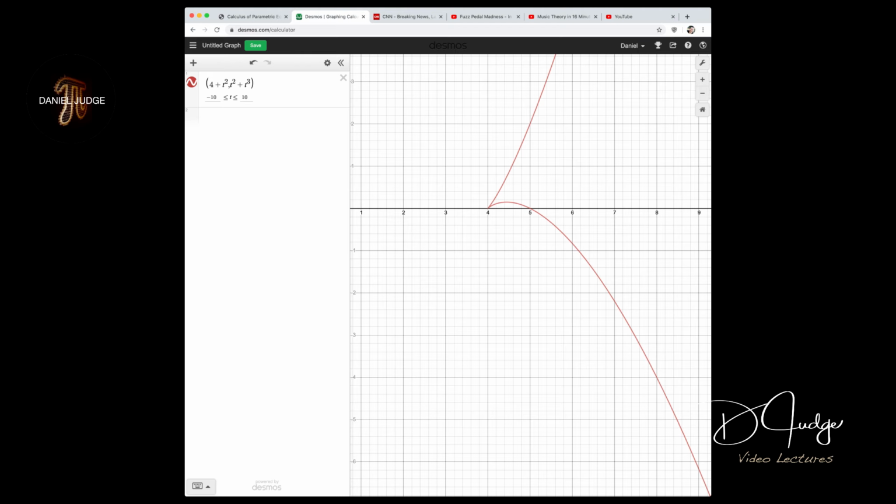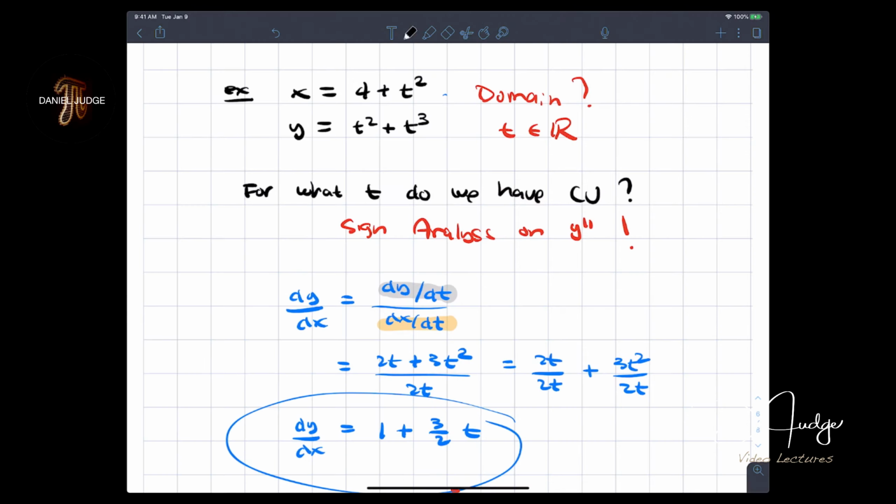Anybody can see something very interesting about this particular curve, right? I want to remark that when t is 0 here, you're at (4, 0).